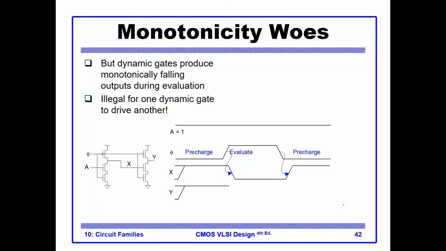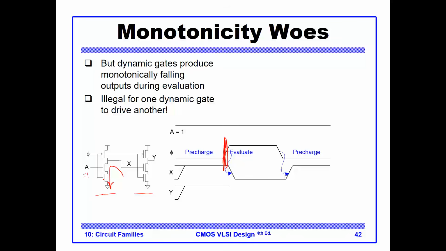So in this case, another issue is that when we have an input here, in this case A with the output X, and then this X is connected immediately to another input of a dynamic circuit, another dynamic circuit, you will see that if A is 1, then during the evaluate, which is right here, X will be discharged through the NMOS and the evaluate transistor.